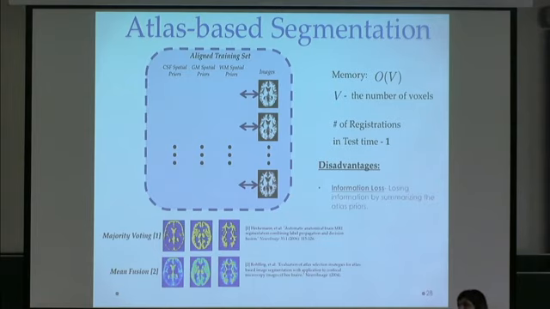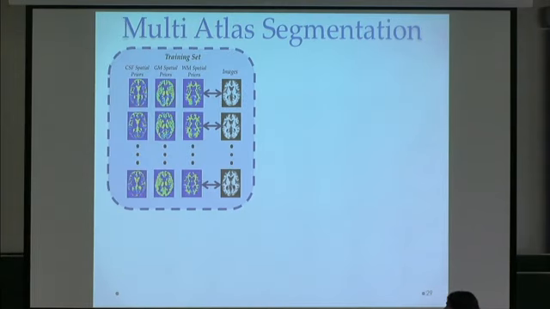So we have a very economical way to store large data of images to generate a prior, but the question is, is this prior informative? Now, in recent years, a new approach has popped up, which is called a multi-atlas approach. It has different names, and the idea is the following.